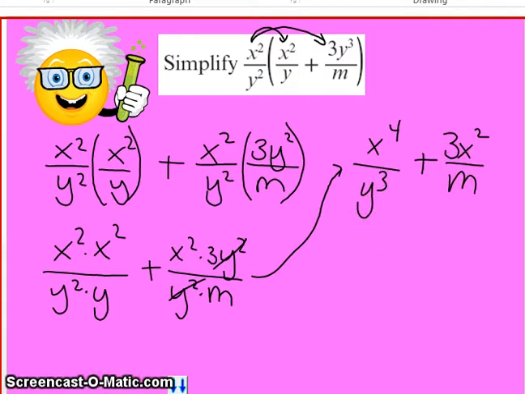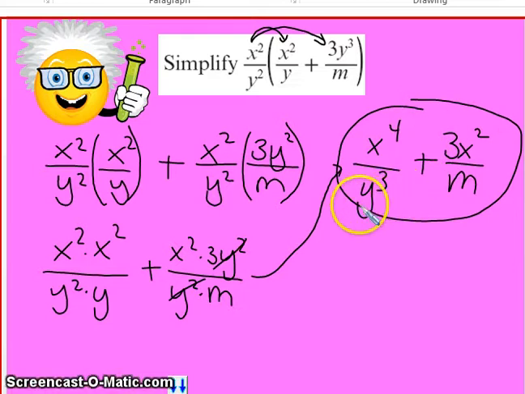Now we have to make sure that this is in proper form, so we have x to the fourth over y to the third plus 3x squared over m. And none of our exponents are negative. We don't have more than one of the same term, so like we don't have an x to the fourth in this term and then maybe another x squared in the same term. So this is our simplified answer.